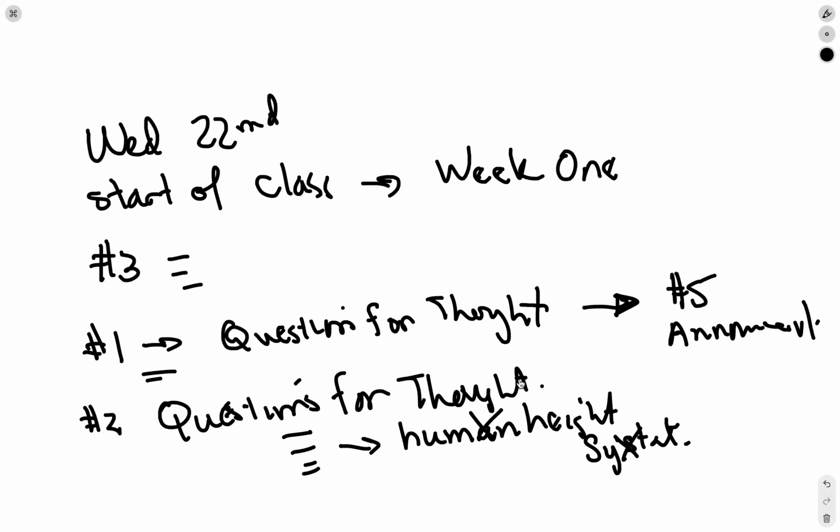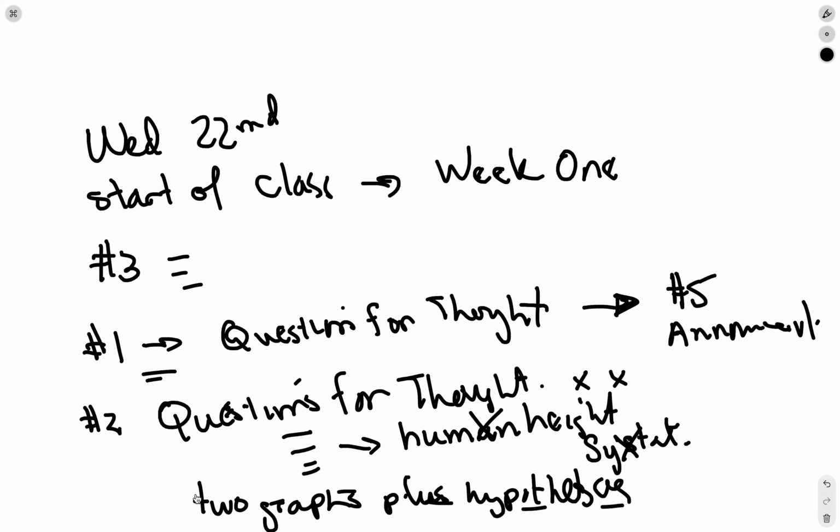So there are 2 questions for thought that are about human height data, and we don't have to answer those. So you could just put for those, not done. And then, but the questions for thought, we're going to be making 2 graphs plus hypotheses for those graphs.